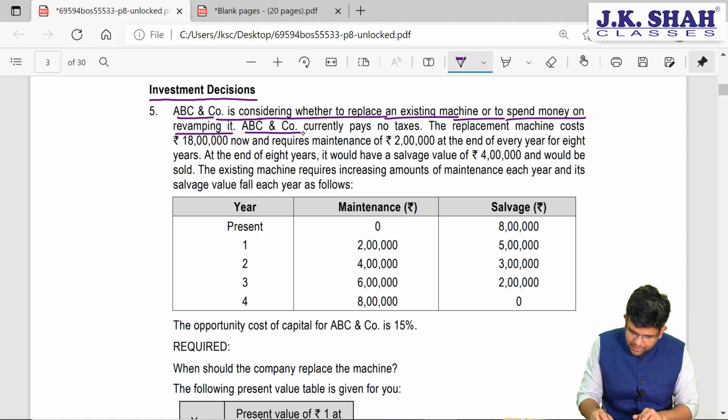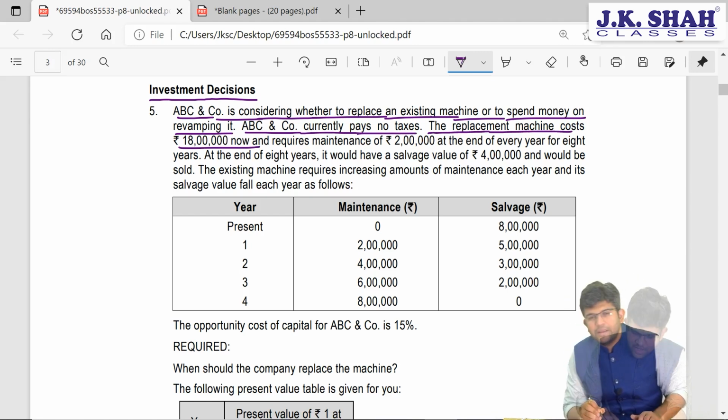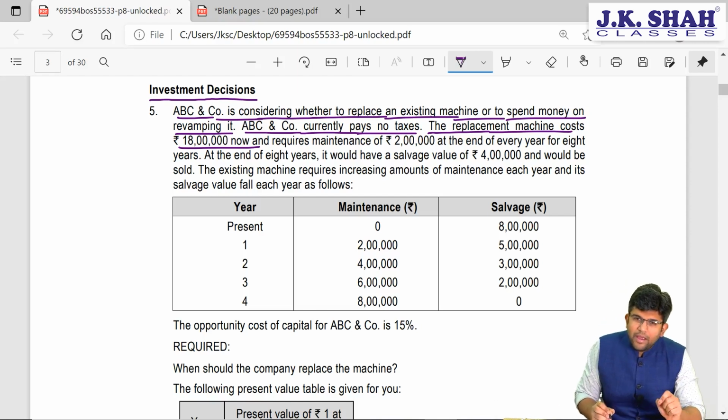This company currently pays no taxes. Great. The replacement machine costs 18 lakh now. So they are saying that the replacement machine, the new machine, has a cost of rupees 18 lakhs.